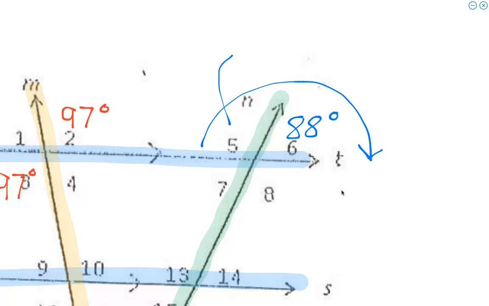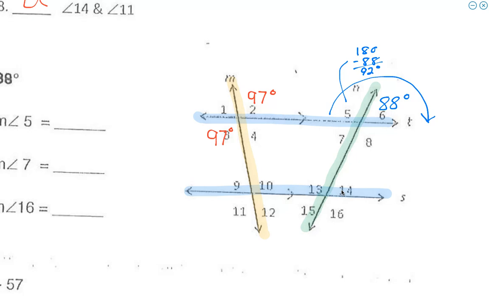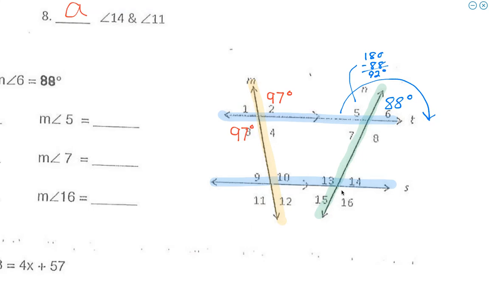From 5 to 6 is 180 degrees? Yes. So real quick, that would be 180 minus 88, which is 92. And that's just a quick little math that you should do to the side. You'll do that a lot through this unit. So 92 degrees.